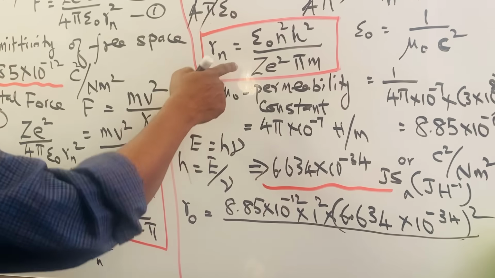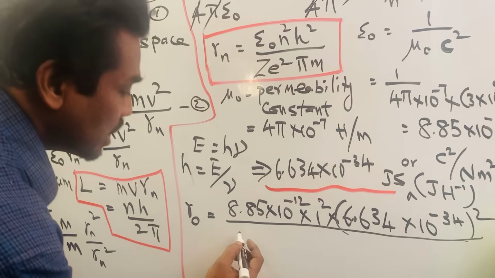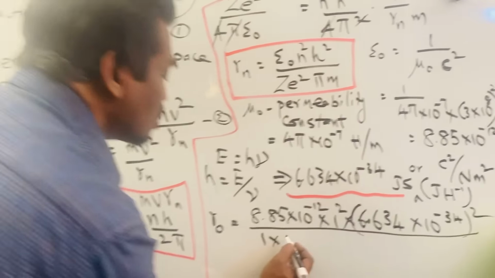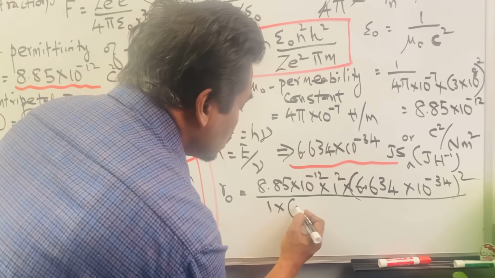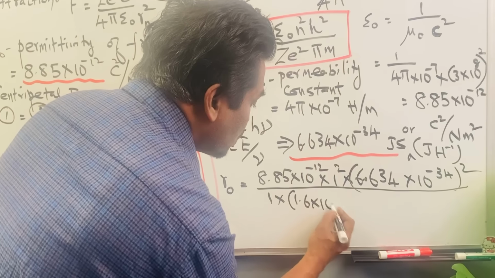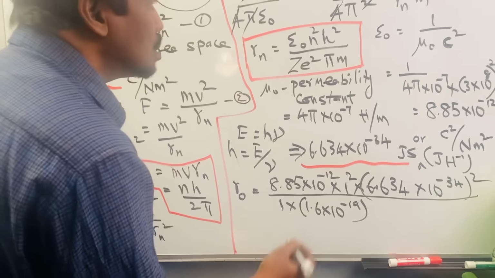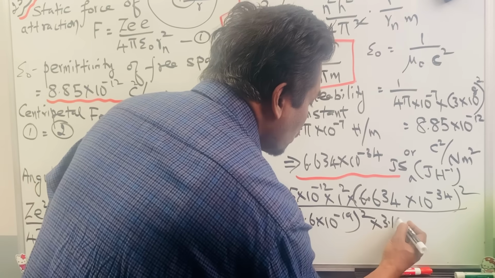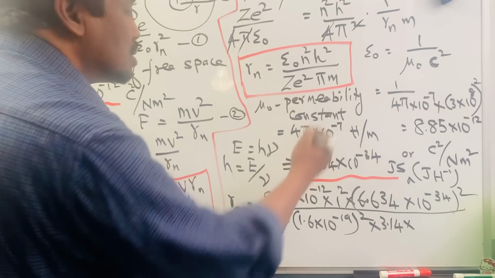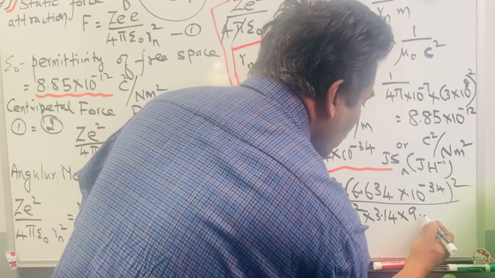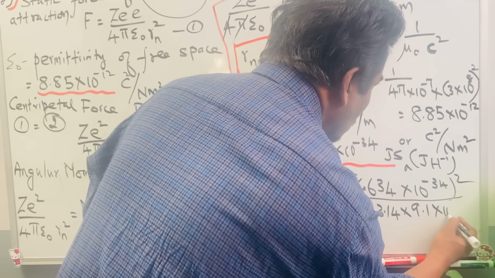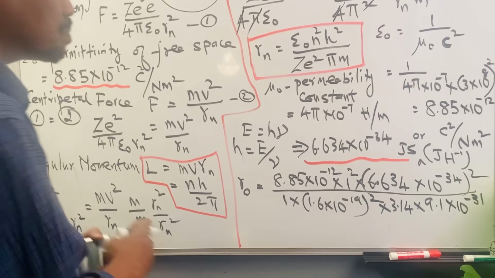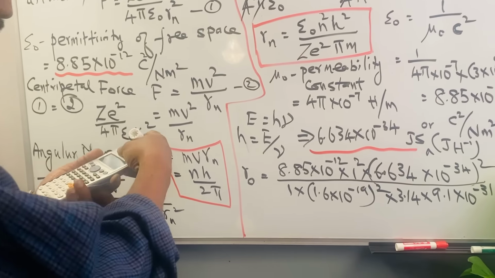Z, the atomic number for hydrogen atom, is just 1. e is the charge of the electron, 1.6 10 to the power negative 19 square, pi 3.14 times the mass 9.1 times 10 to the power negative 31 kilogram. So now let us calculate the value.